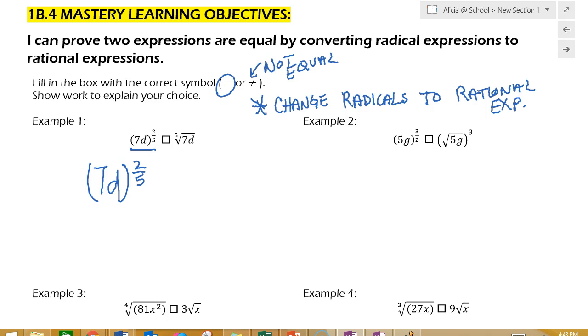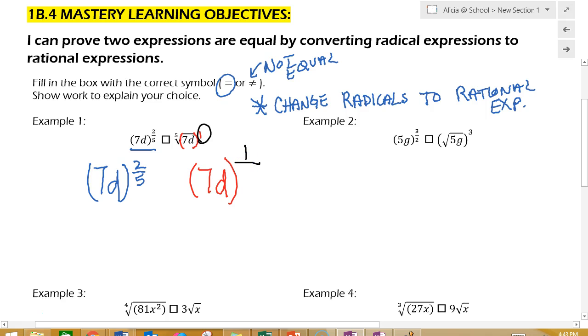Now remember what I said about anything in radical form that does not have parentheses: put it in parentheses and give it a power of 1, just so that you remember to keep that whole base together. Then I'm going to write its rational exponent. Keep in mind, the exponent stays at the top and that little root number is at the bottom.